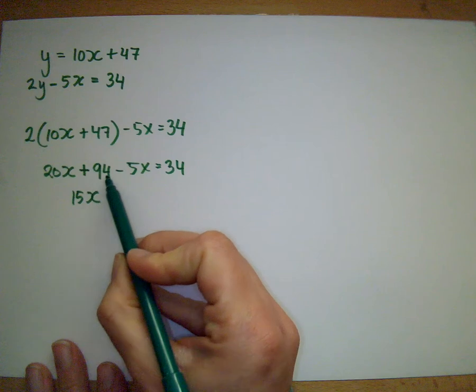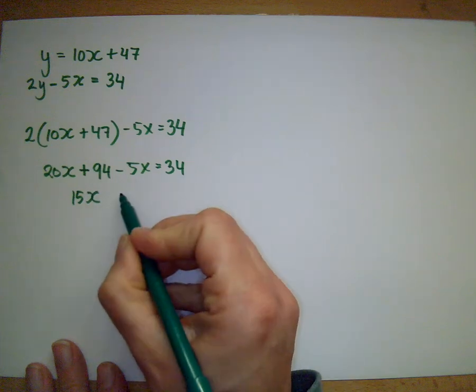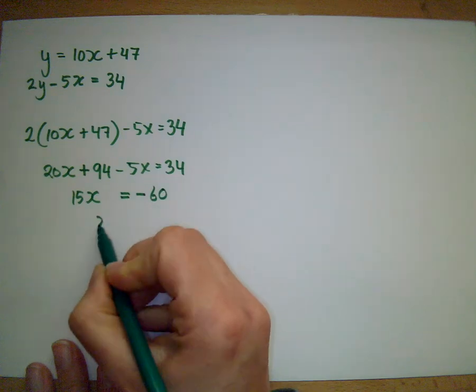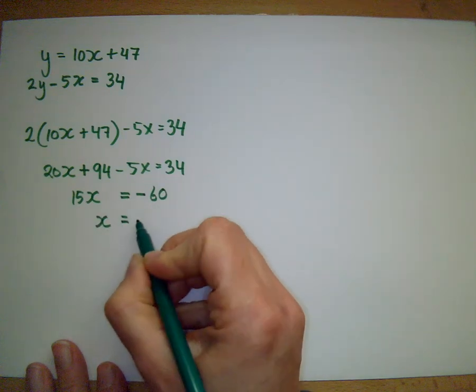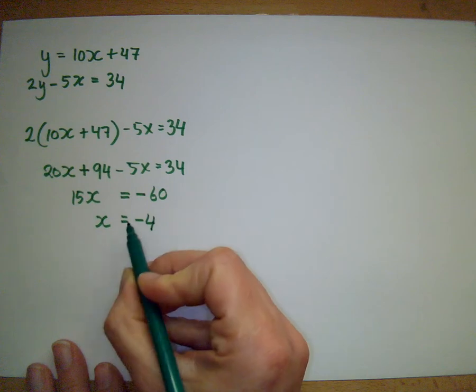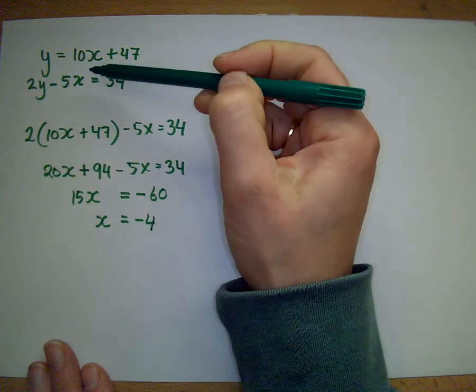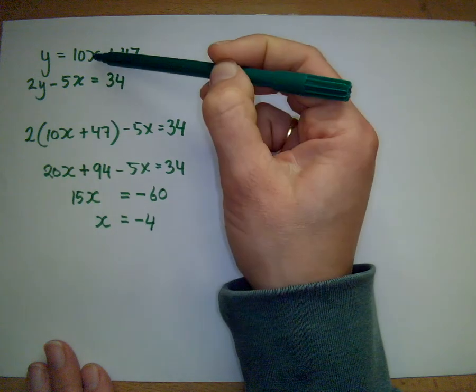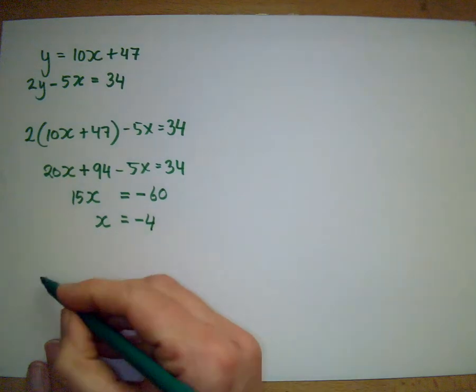Let's subtract 94 from both sides to give negative 60. That means x equals negative 4. So I found my x. Now I substitute that back into either one of these two. Let's do it up here because I like multiplying by 10.